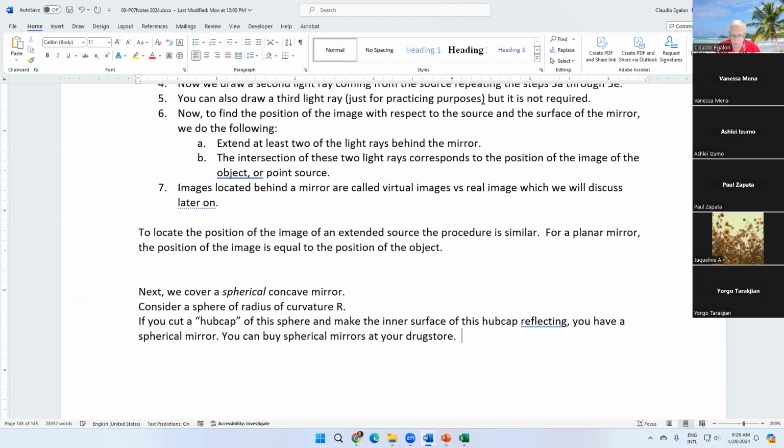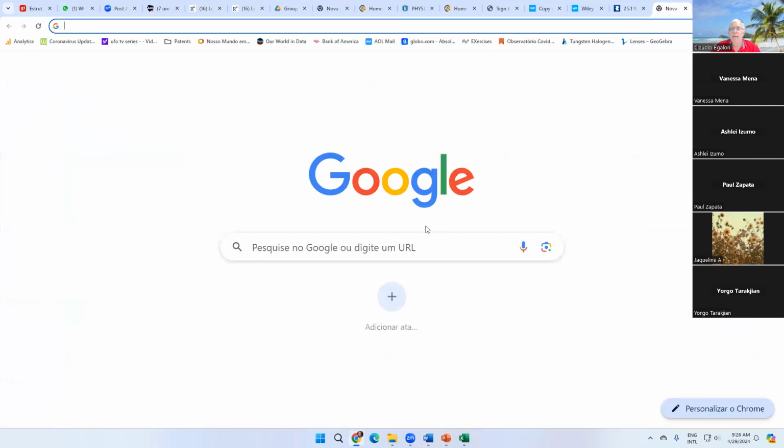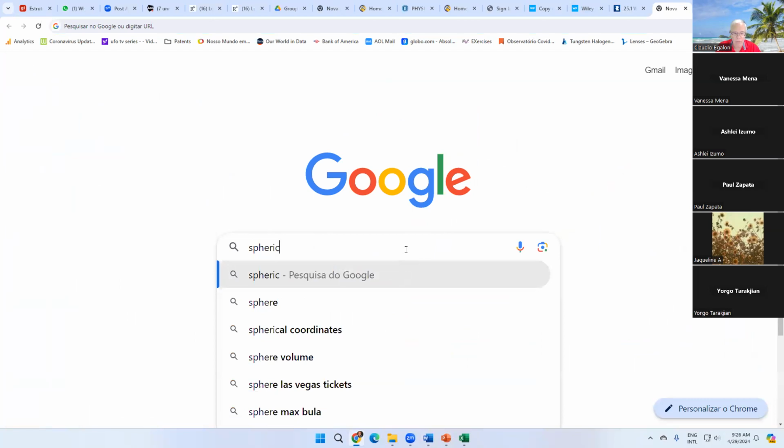It is the same mirror that amplifies your image. Let's take a look here on the internet, spherical mirrors for sale.